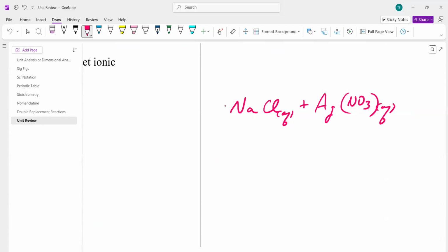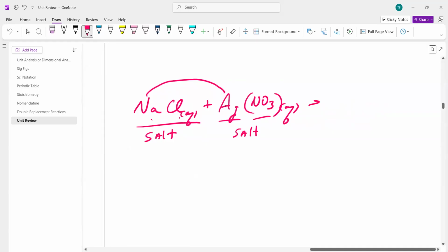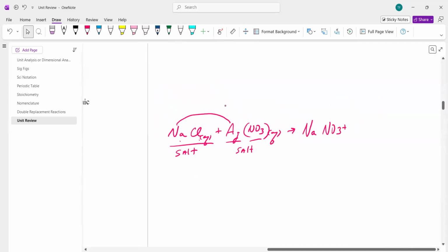Okay, so we have sodium chloride plus silver nitrate. Okay, so this is a salt, and this is a salt. So we're going to do double replacement. That means these two are going to swap. So that means we're going to get sodium nitrate plus silver chloride.